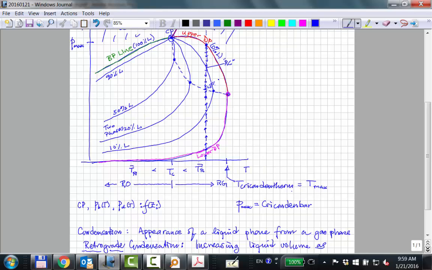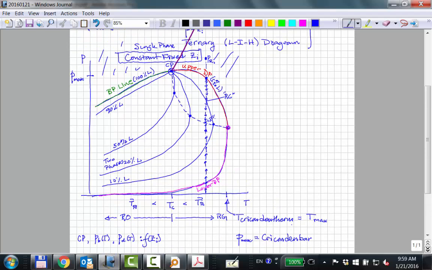That was unusual. That was the opposite of the normal. So they coined it retrograde condensation. And inside this area, between the dashed line and the red line, that's the area of retrograde condensation. Okay? And that's a term you're going to hear the rest of your lives if you stay in this business.